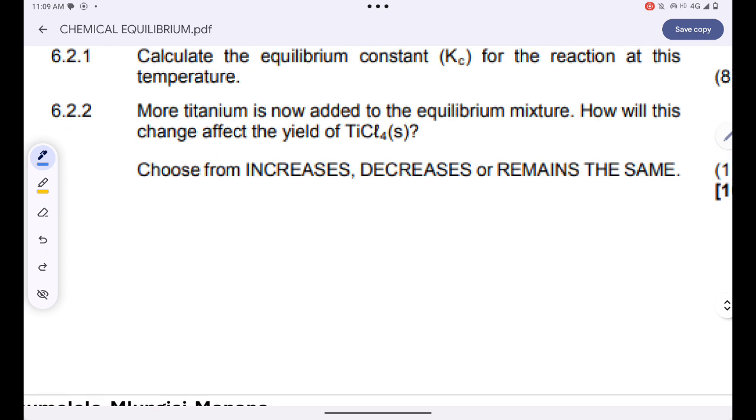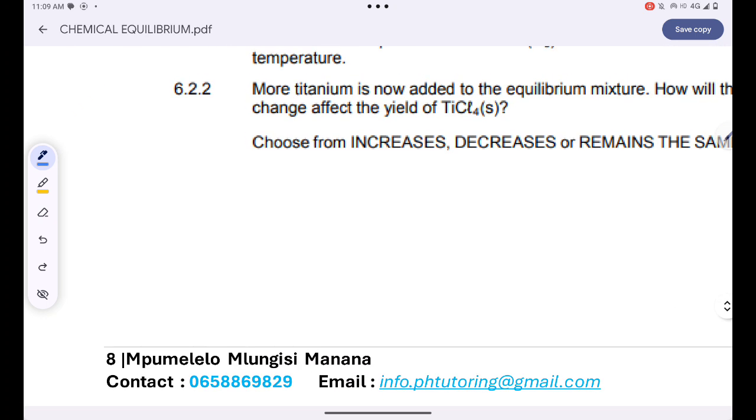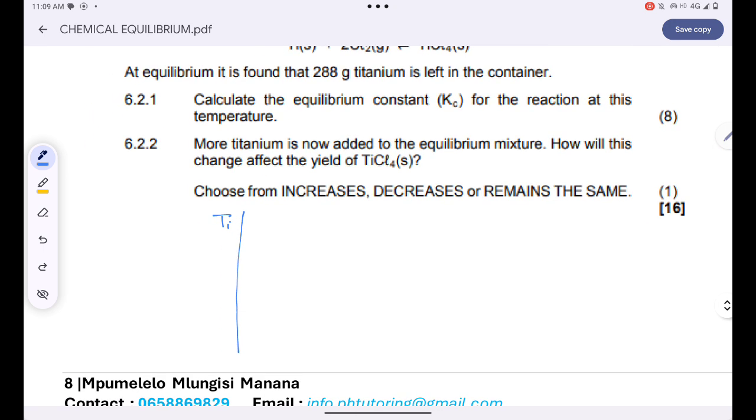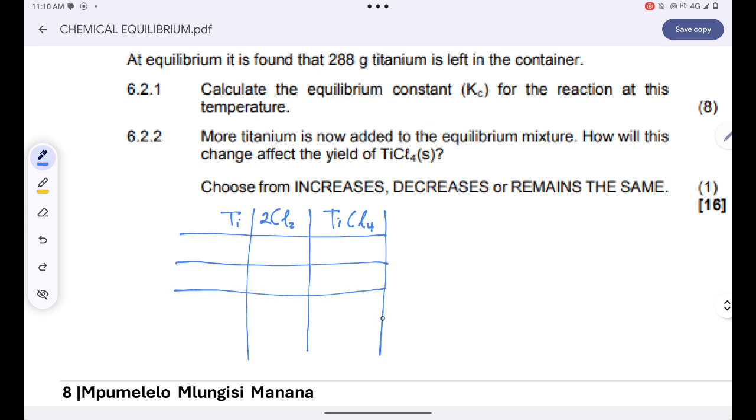Okay, for us, guys, to find the equilibrium constant, there are certain things we need to do first. We have titanium that will react with chlorine, and then will form titanium chloride. We have initial moles, the change in moles, moles at equilibrium, as well as the equilibrium concentration.